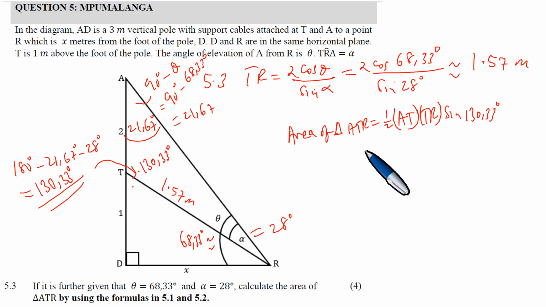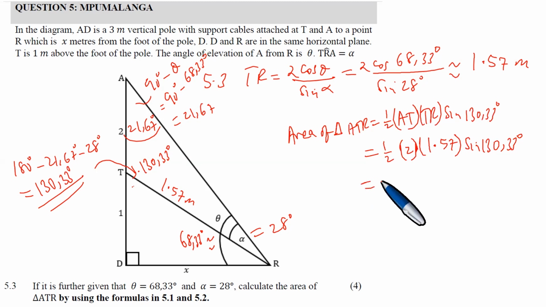So one half, what is AT? 2. TR is 1.57, times the sine of 130.33 degrees.